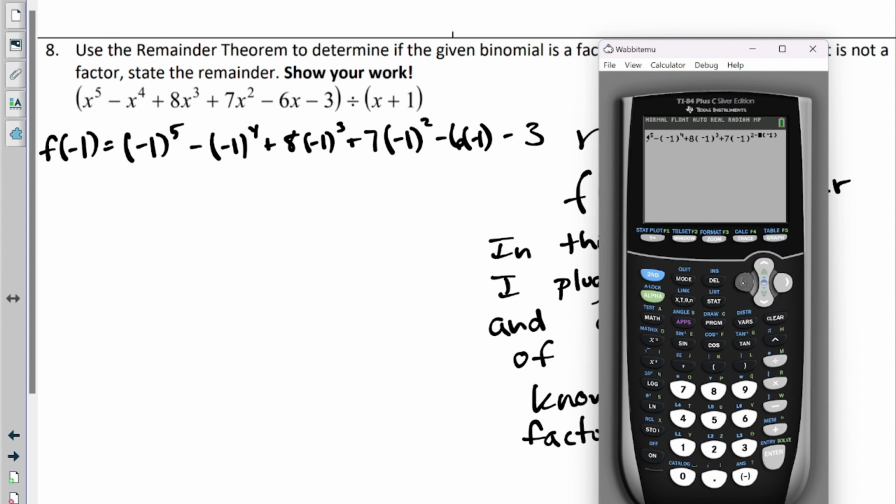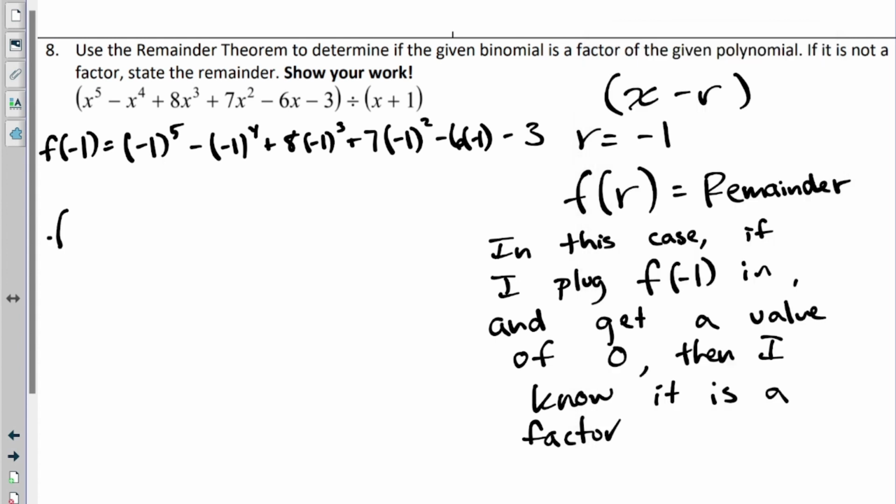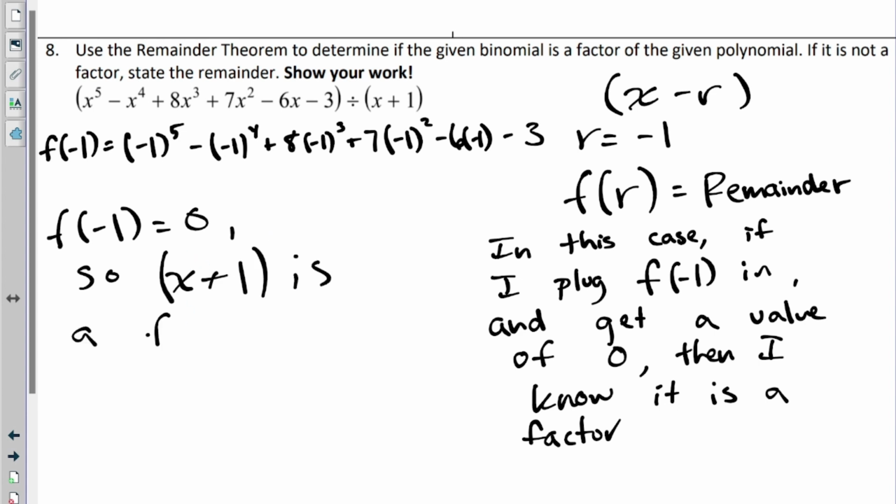Oops, I'm messing up. I'm in my exponent. Okay, and then 7 times negative 1 squared, minus 6 times negative 1, and then minus 3. Enter. It's 0, which means f of negative 1 equals 0. So x plus 1 is a factor.